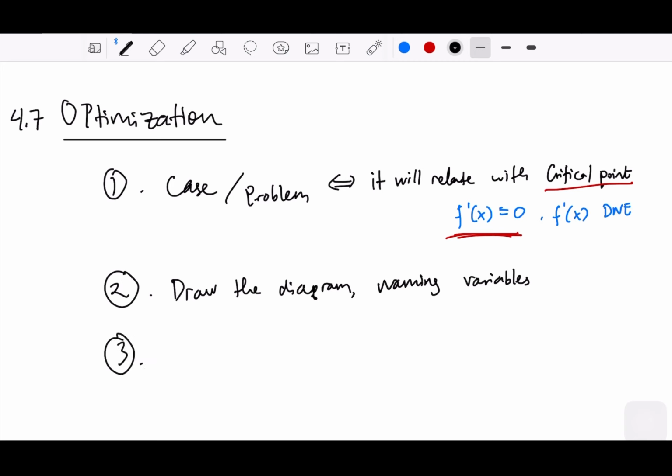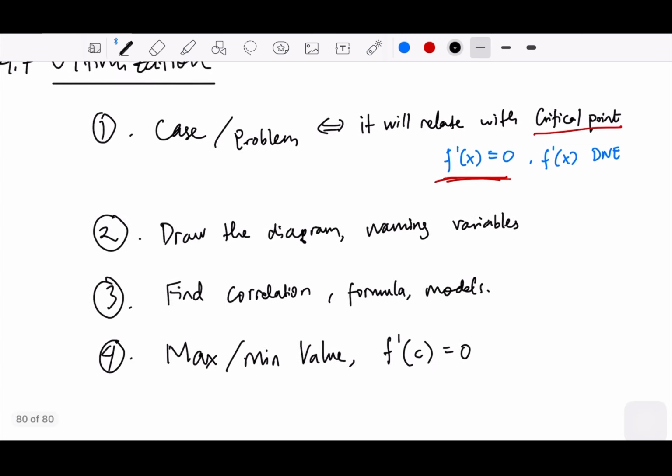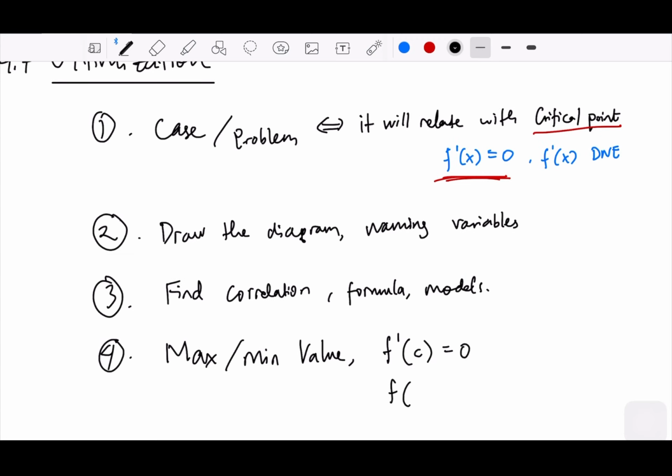The third one, find correlation with all the statements in the given problem, any formula you can think of, any models also. And 4, find the max or min value. So you find f prime c equals 0. So you need to take the c and then find the value, usually.